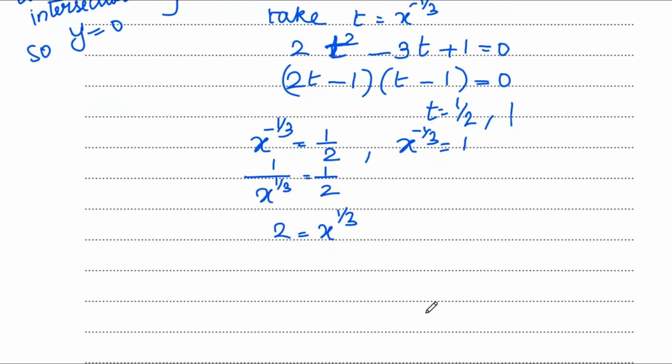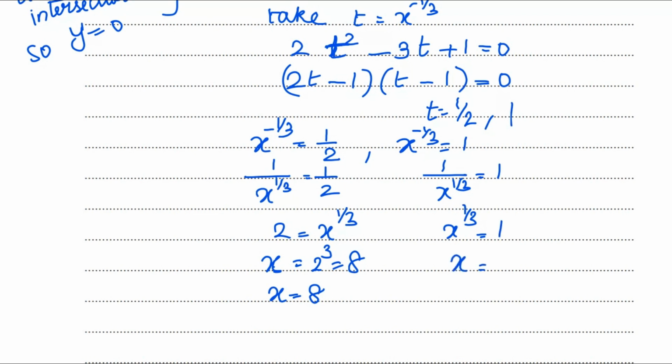To find the x value, raise the power on both the sides by 3. So we get x as 2 cube, which is 8. And here 1 over x power 1 over 3 equal to 1, or x power 1 over 3 equal to 1. So x will be 1 cube, which is 1. Okay.